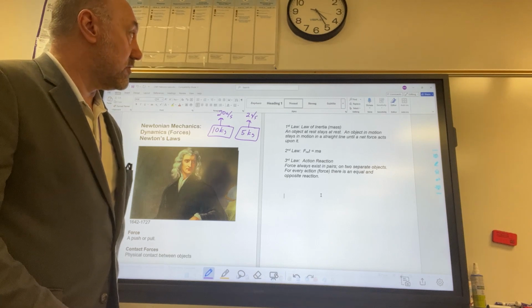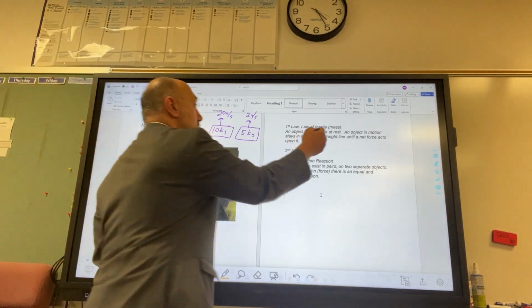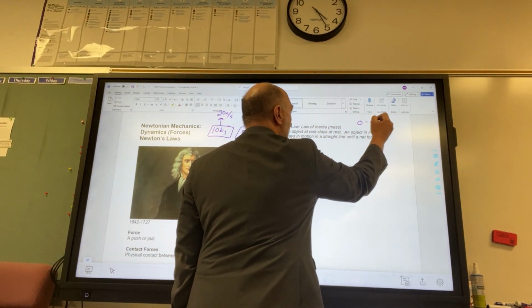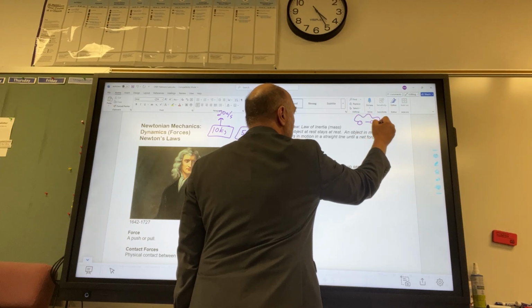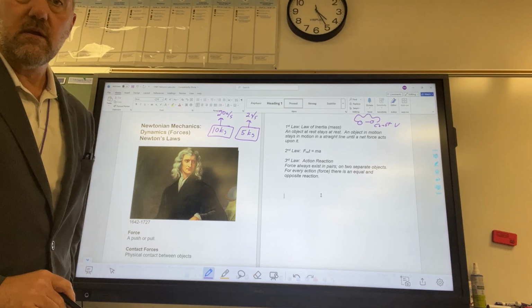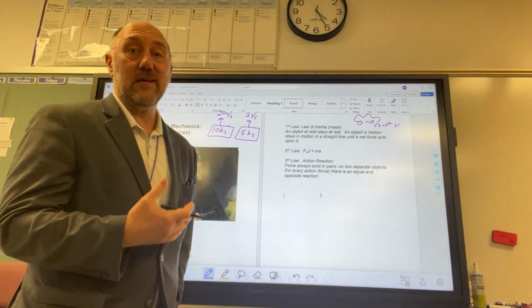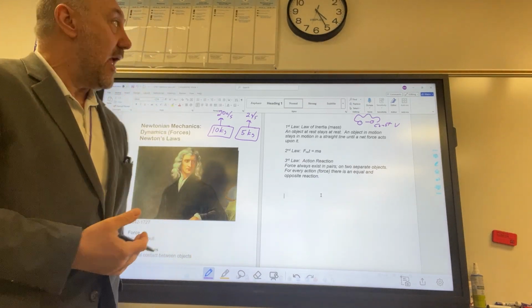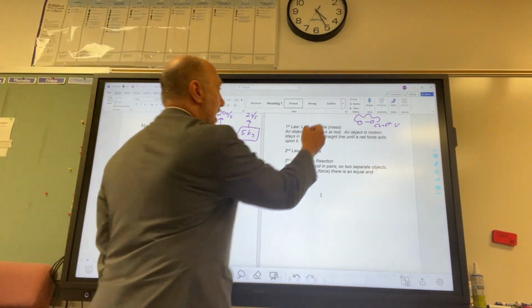That's all that matters. And what this also means is that if I have a car going at a constant speed, constant velocity, then it must be in equilibrium, and it doesn't have to have an F net.